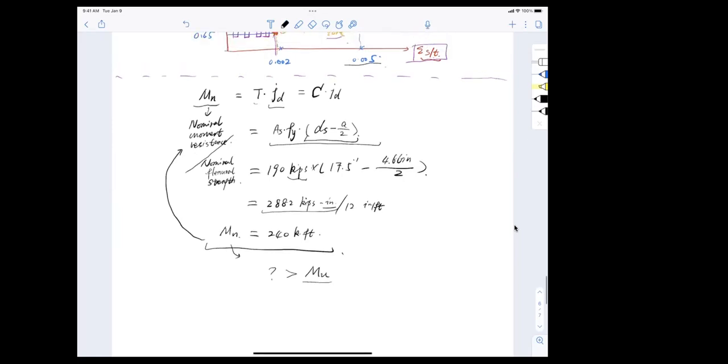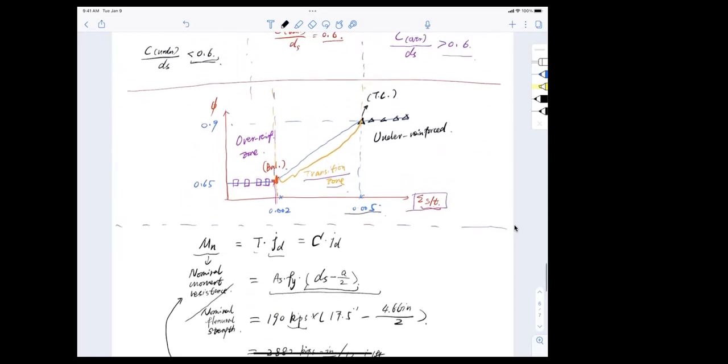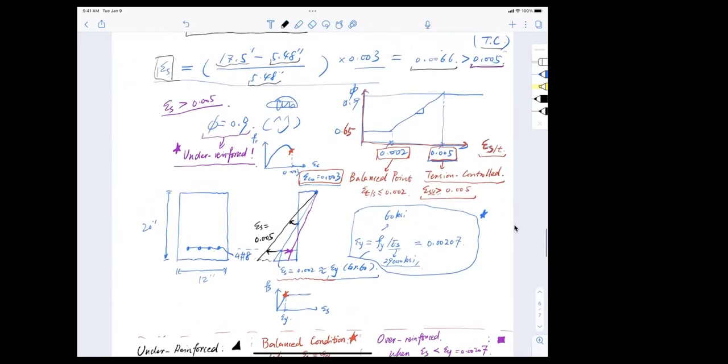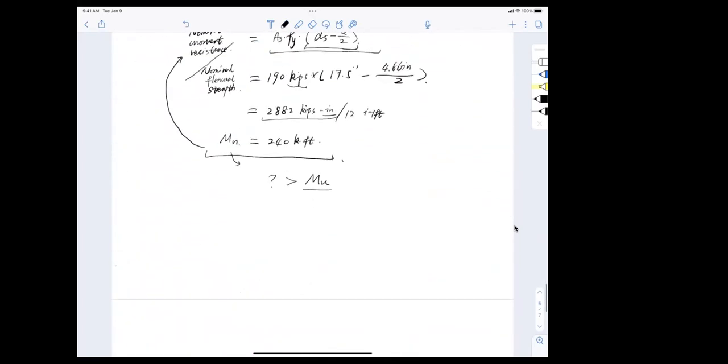Let me give you a hint. What did we do before Mn? The strength reduction factor, right? Remember this? So what do we do here? Phi, come on, help me out. Phi Mn, right? That's what you do.